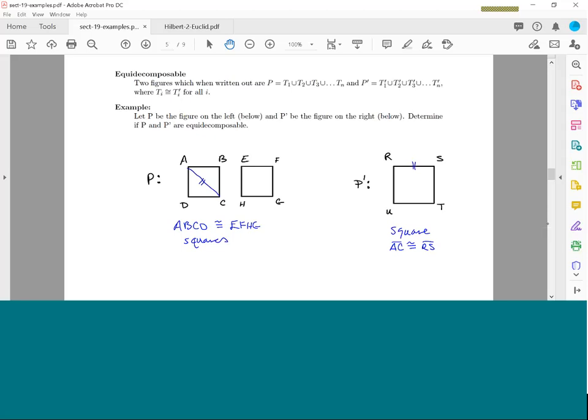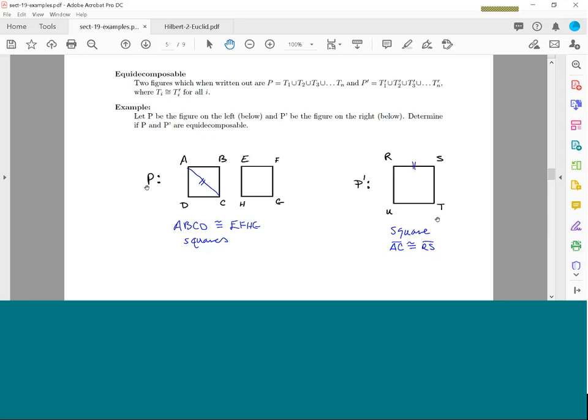And according to this question, it says, hey, these two figures are supposed to be equidecomposable. Well, they're definitely not congruent. So equidecomposable is not the same as congruent. Every congruent pair of figures are equidecomposable, but non-congruent figures, in this case, can also be equidecomposable. It's like the next best thing to being congruent.